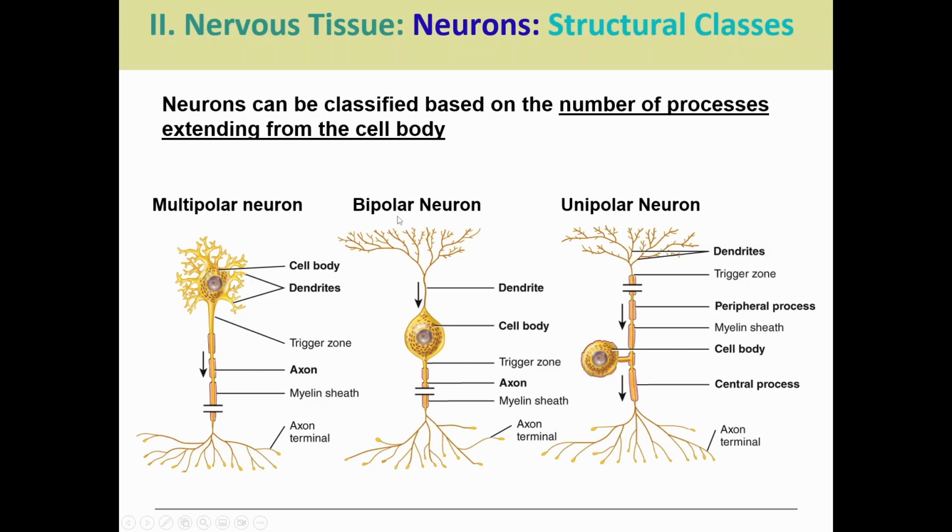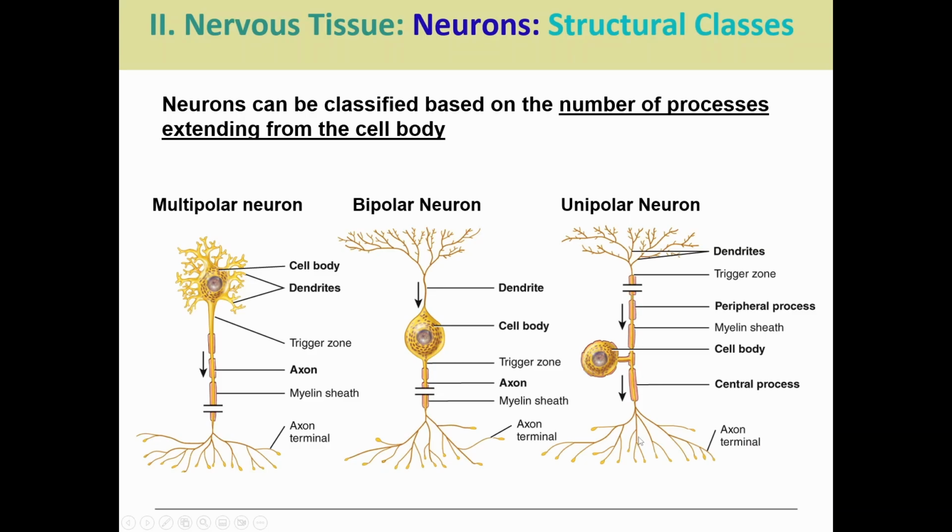With the bipolar neuron, we have one dendrite to the cell body, and then down the axon, to the axon terminal. But we see that the cell body is sandwiched in the middle, and there's two extensions coming off. With the unipolar, it's similar to the bipolar. We have the dendrites, and then we come down the axon, but the cell body is actually off to the side.